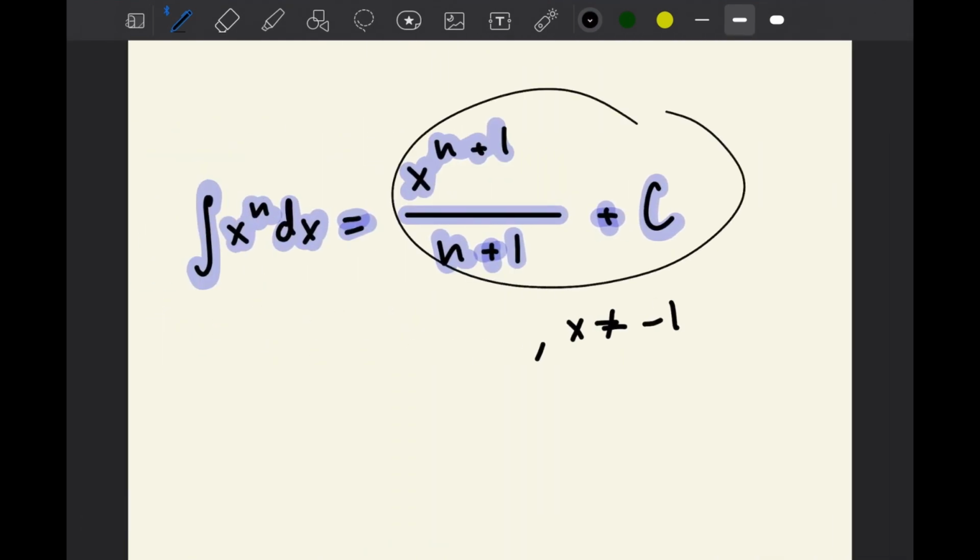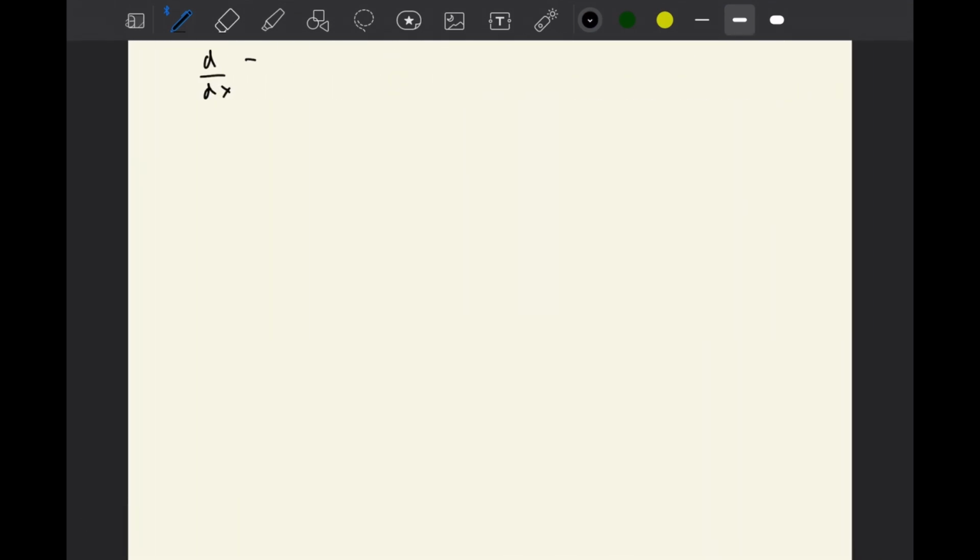If this is true, then the derivative of this should give us this function. So, the derivative of x to the power of n plus 1 over n plus 1, plus c.